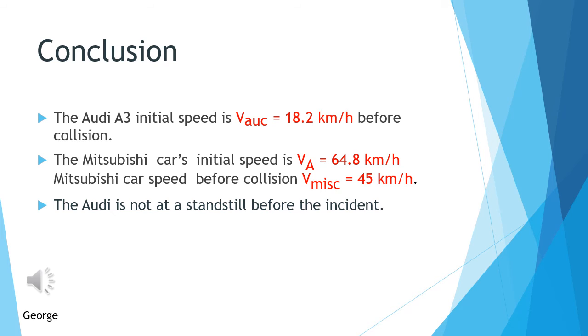Furthermore, the Mitsubishi's initial speed is 64.8 km per hour or 18 meters per second, and its speed before the collision is 45 km per hour or 12.5 meters per second, which is calculated through the same method as the Audi by using the horizontal conservation of momentum.